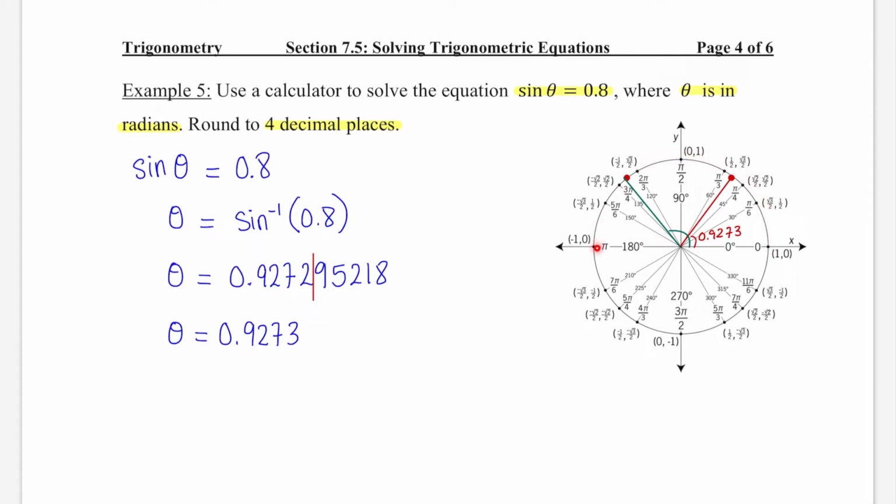And I know from 0 to here is 1 pi. So if I know that this is 1 pi and this is 0.9273, then this green angle is pi minus 0.9273, which is equivalent to 2.2143.